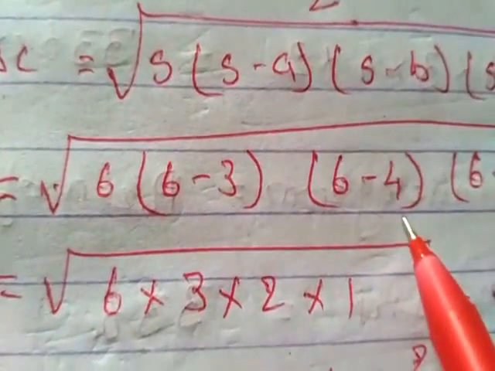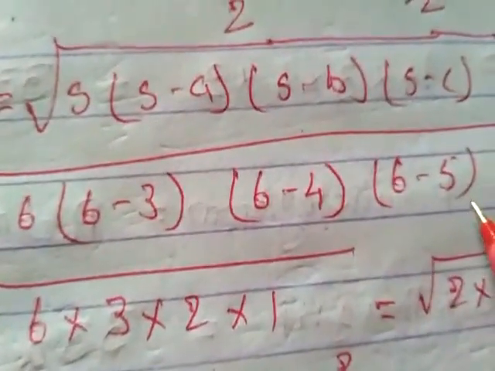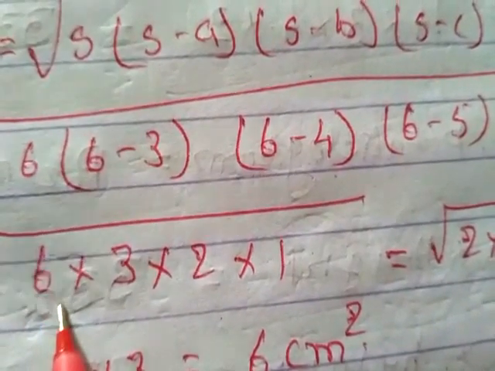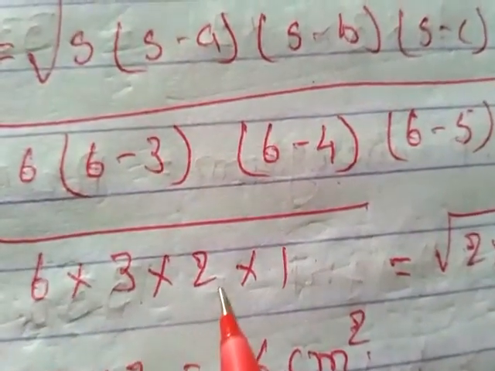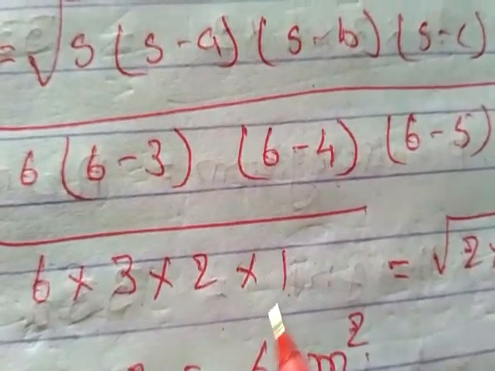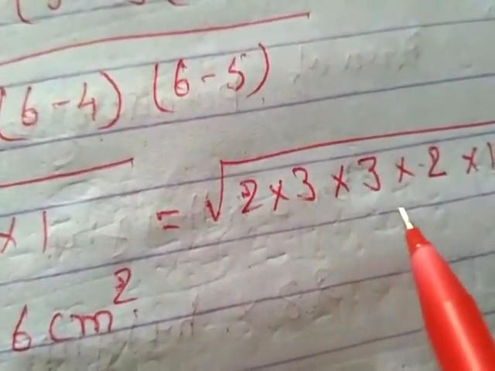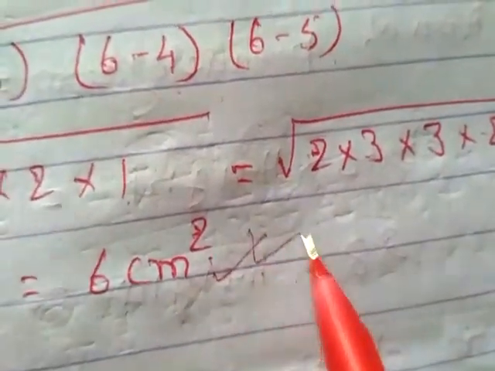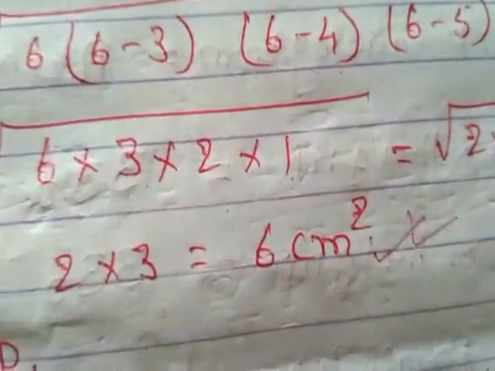Thereafter solving this, we have 6 into 3 into 2 into 1. So its square root will be 6 into 6, that is 6 centimeter square. So the area of triangle ABC will become 6 centimeter square.